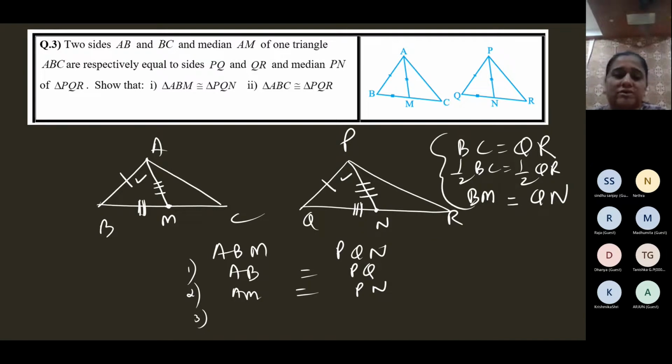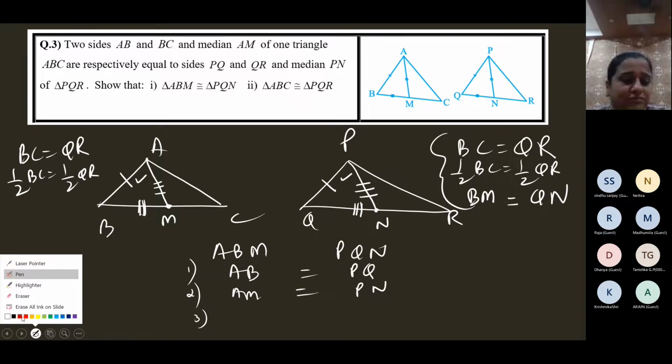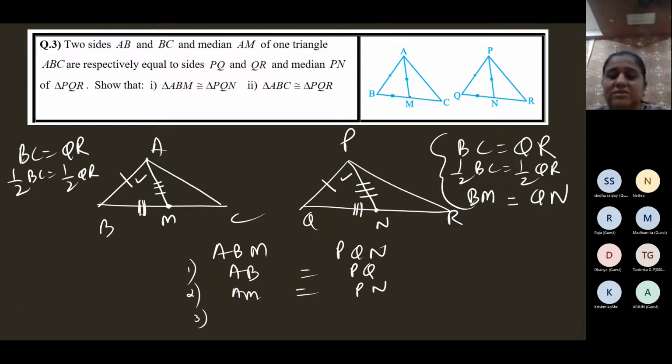So this is what you should write. BC is equal to QR, given. Half of BC is equal to half of QR. Since M is the midpoint, AM is the median, what will be half of BC? It is either BM or CM, anything you can write.